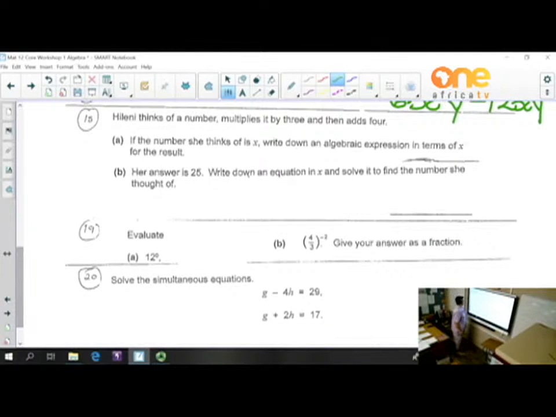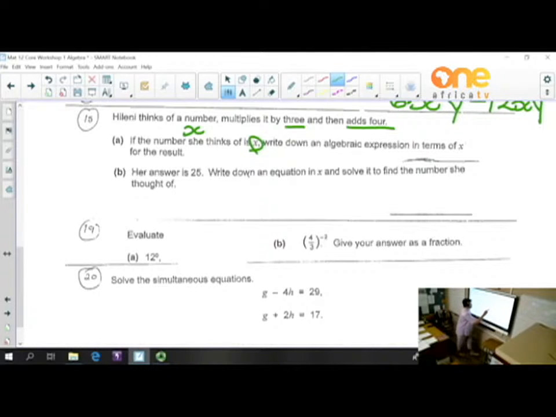Question 15 is again a word sum. Eleni thinks of a number. Now that number we're going to make x. She multiplies it by 3 and then adds 4. You just do it step by step. So the number that she thinks of is x.